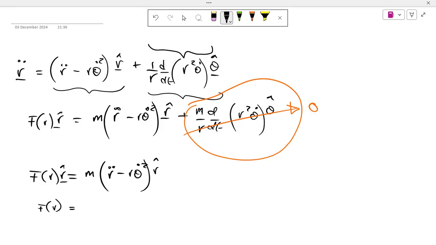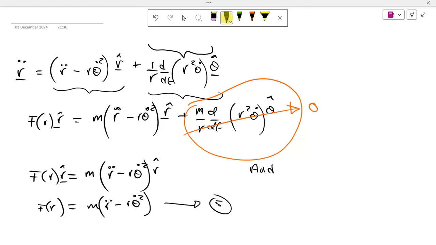So we can therefore write f of r. My writing is getting worse and worse, isn't it? So f of r equal to m r double dot minus r theta dot squared, just like that. And we'll call this equation 5.